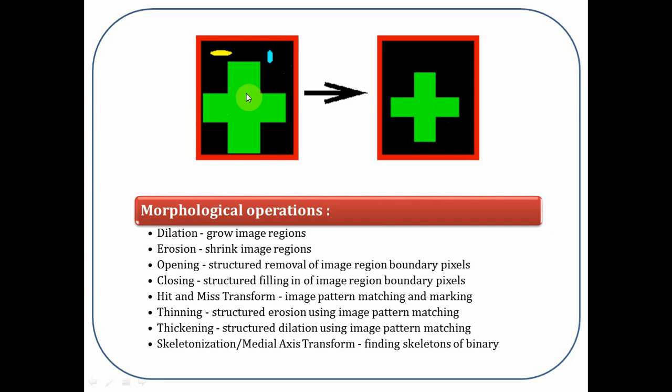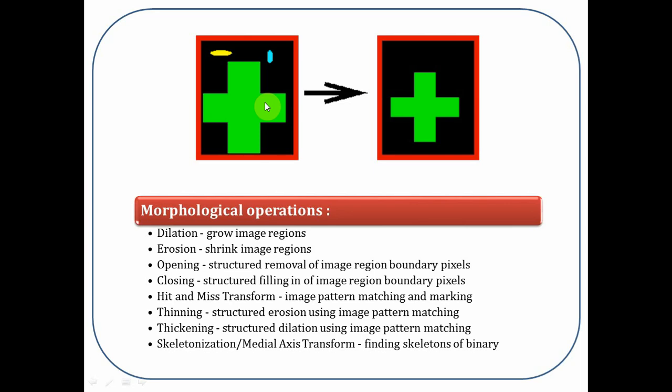If you consider green as a foreground and black as a background, basically in image processing, in a binary image, all ones represent the foreground. Zero represents background. So we can use a structuring element with an input image.